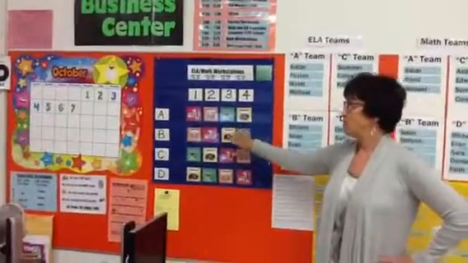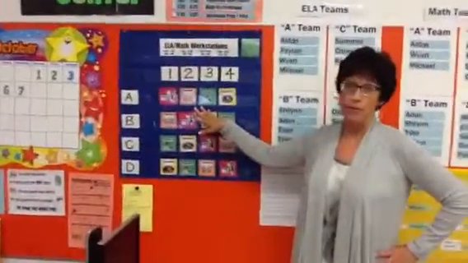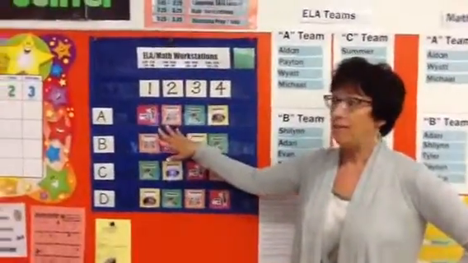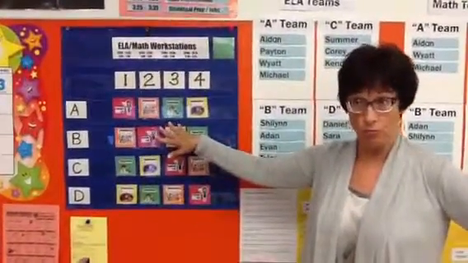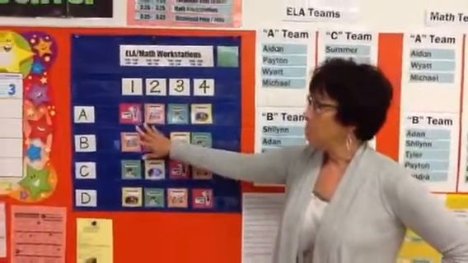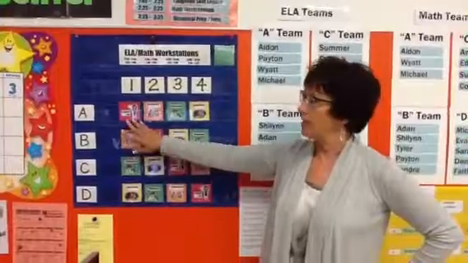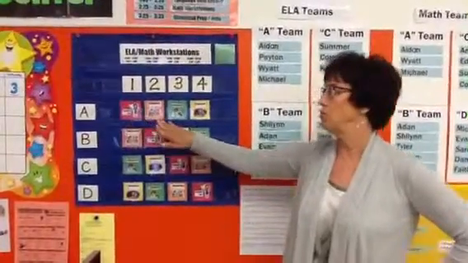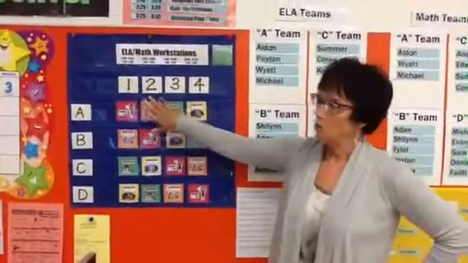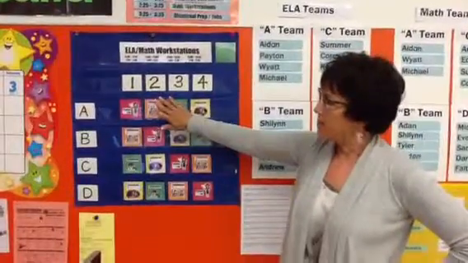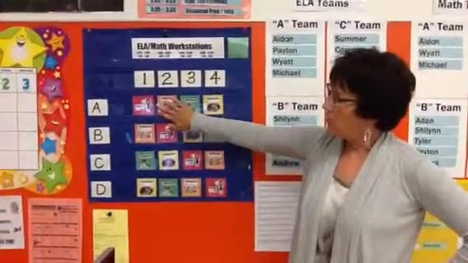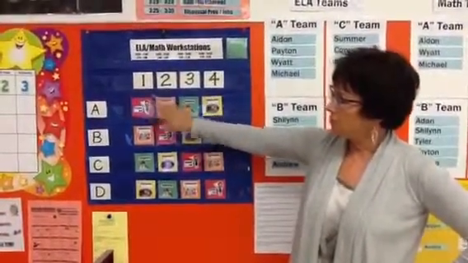When we get ready to move from station to station, I have a timekeeper. That's a student responsibility. He or she will take the timer and call the groups to go to the activity or table that they're to start at. So team A would come to teacher-led station first.